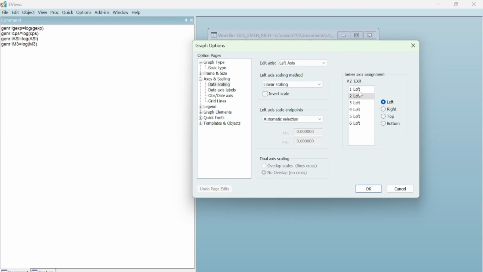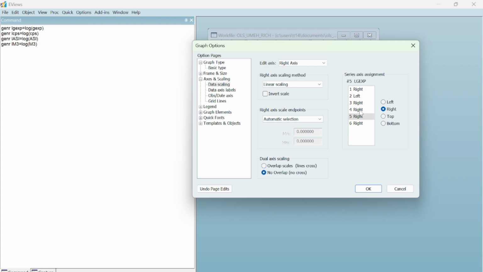So this one is inflation, move it to the right. This is exchange rate, we'll leave it where it is. This will move to the right, this will move to the right, this will move to the right, and M3 will move to the right.